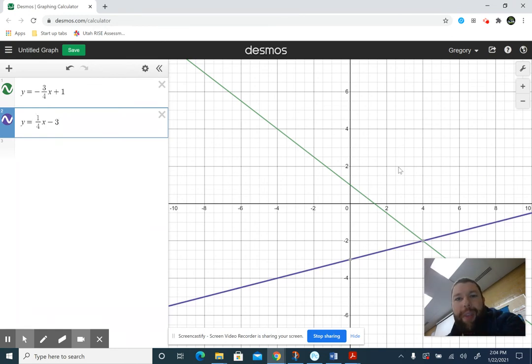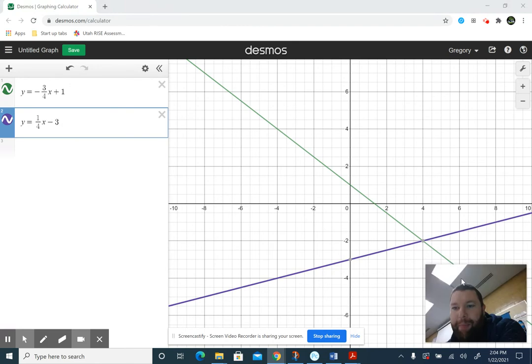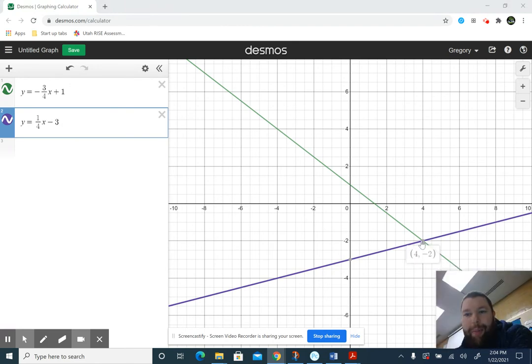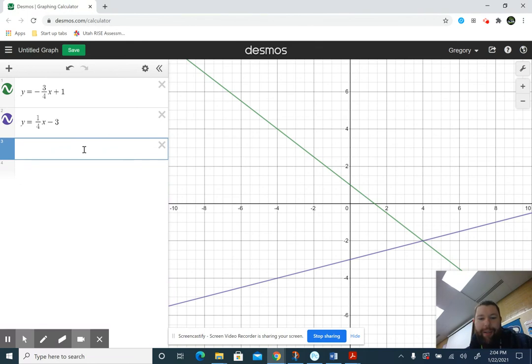And again, we're looking for that point where they intersect. So if we come over here and look at this point where they intersect, let me move my picture a little bit. You can see, just by hovering over it, I can see the solution. Solution is 4, negative 2. So my answer, the solution is 4, negative 2.